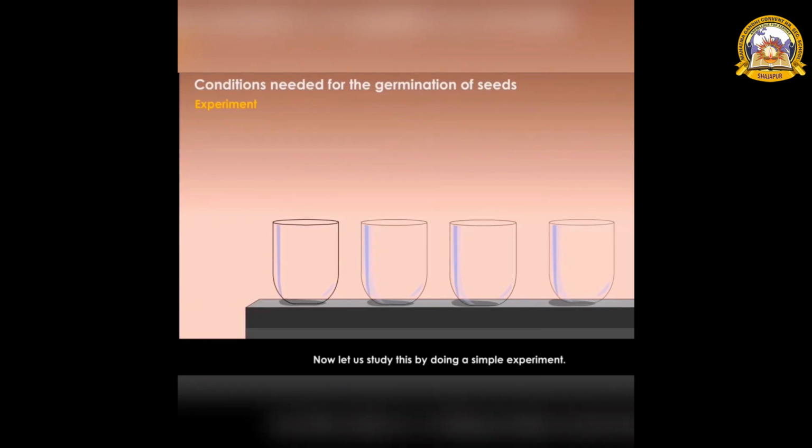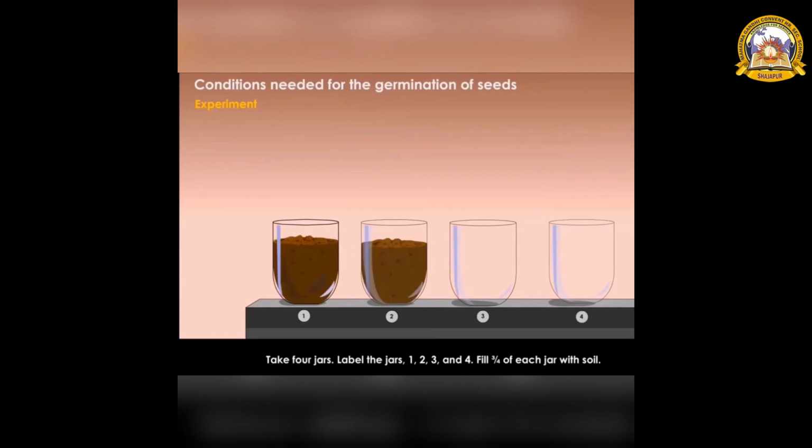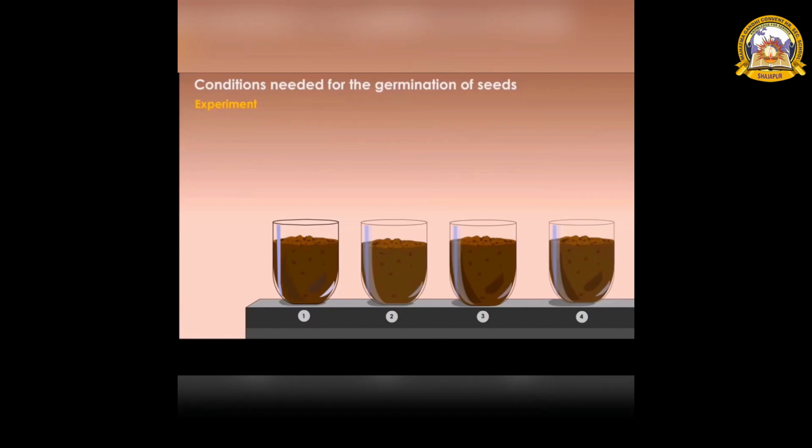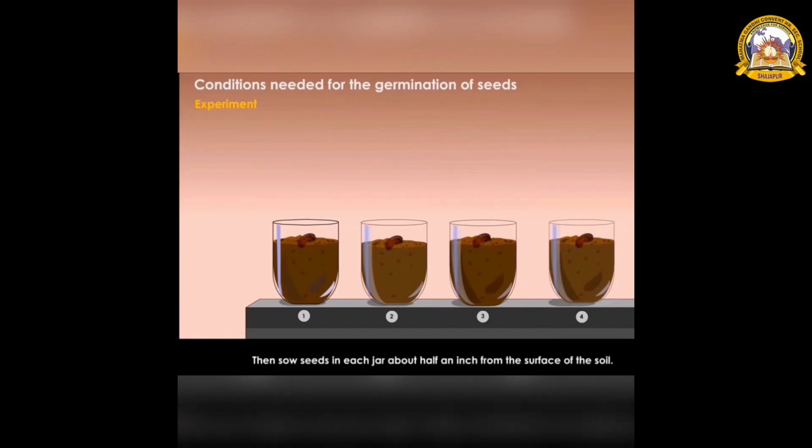Now, let us study this by doing a simple experiment. Take 4 jars. Label the jars 1, 2, 3 and 4. Fill 3/4 of each jar with soil. Then sow seeds in each jar about half an inch from the surface of the soil.